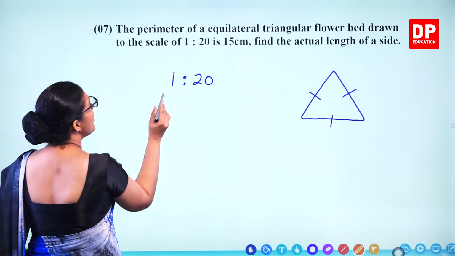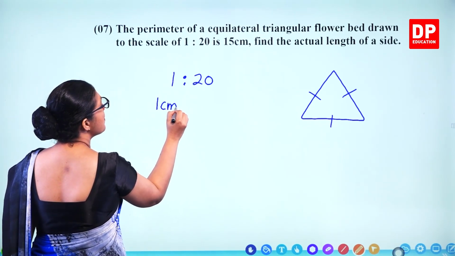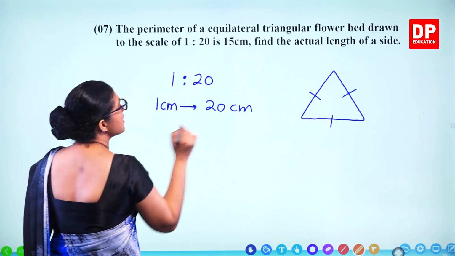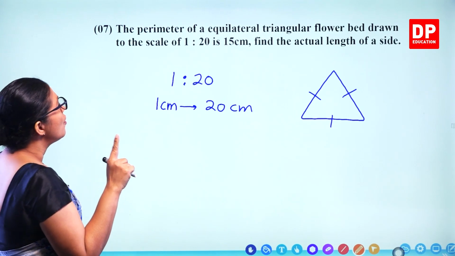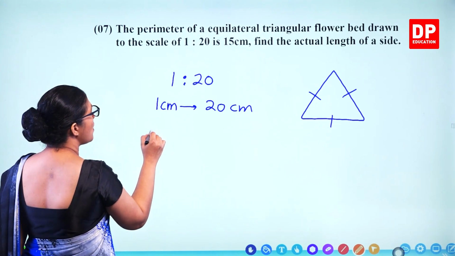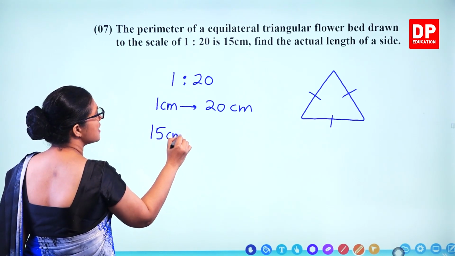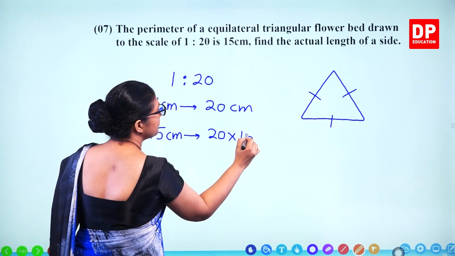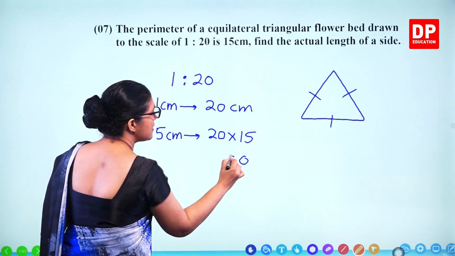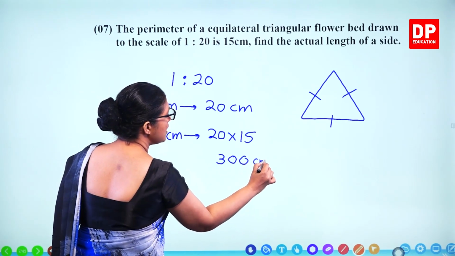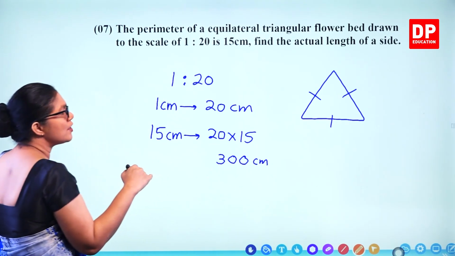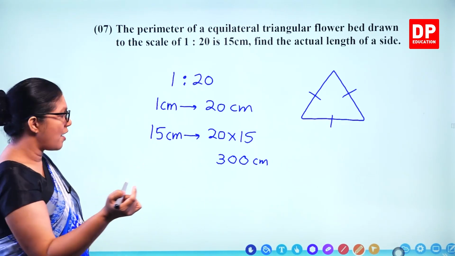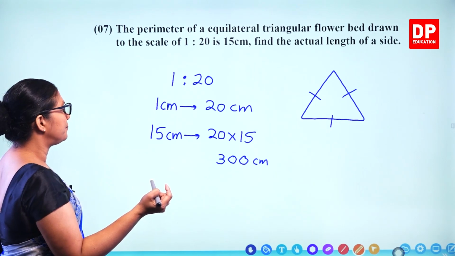So 1 to 20 means 1 centimeter represents 20 centimeters. So the map length is 15 centimeters. So that means 20 times 15, actual length is 300 centimeters, or you can convert to meters. Divide by 100, 3 meters.